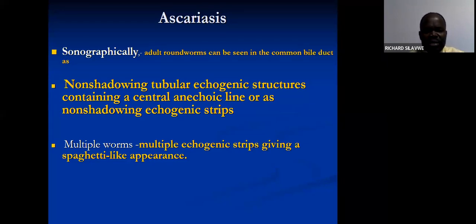Then with multiple worms, you can see echogenic strips giving a spaghetti-like appearance. We all know spaghetti, we eat spaghetti. So you'll be able to see a spaghetti-like appearance when we have multiple worms in the common bile duct.